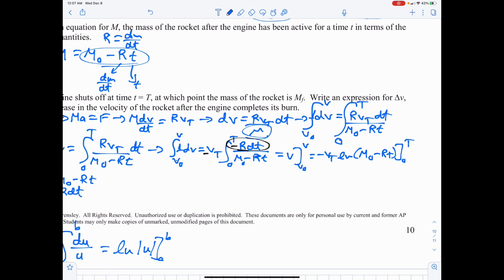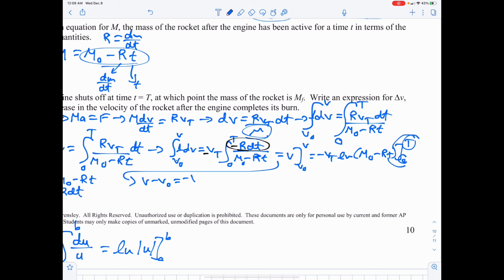Okay, so at this point, let's move this on down here where we have room. And we're first going to evaluate v into v and then v naught in place of v. So this becomes v minus v naught when we evaluate that, equals, and I'm going to factor out that part right here, and I'm going to then plug in big T in for t, and then 0 in for t.